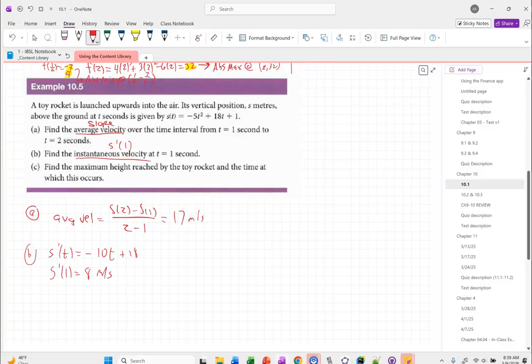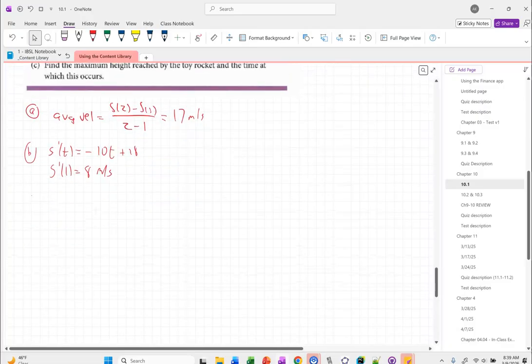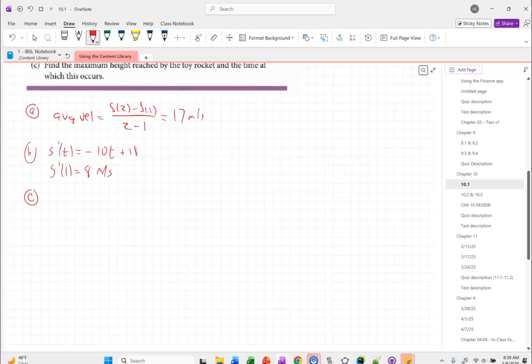Part C says to find the maximum height reached by the rocket and the time at which that maximum height occurs. When I'm asked for a maximum or minimum, I'm really looking for our extrema. I'm going to do a first or second derivative test here.